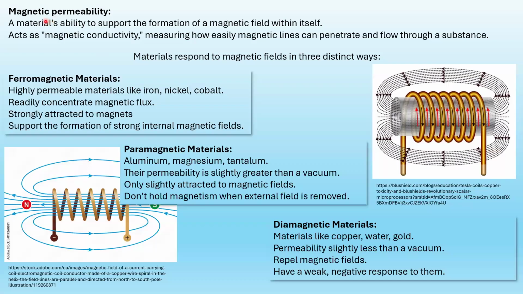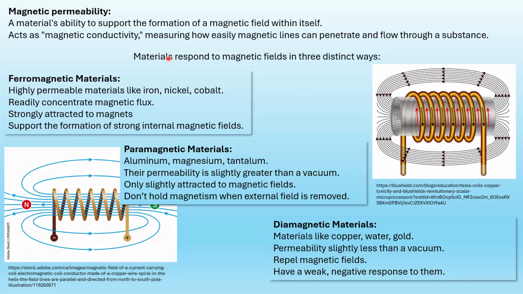All right. So again, let's go back to this thing here. Magnetic permeability, a material's ability to support formation of magnetic field within itself, acts as magnetic conductivity, measuring how easily the magnetic lines can penetrate and flow through the substance, which in this case we have a piece of iron.